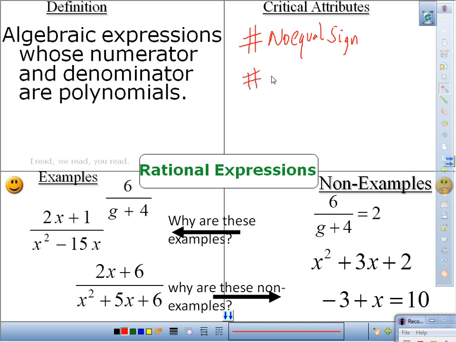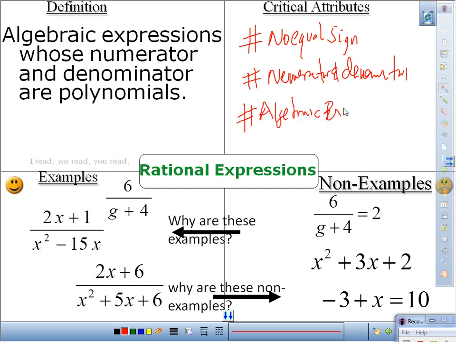Hashtag what? Numerator and denominator. Danny, hashtag what? Algebraic expression.